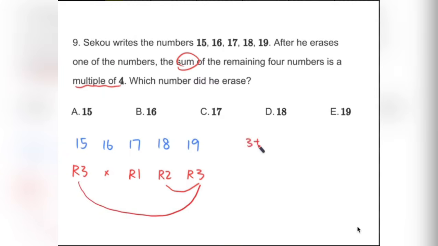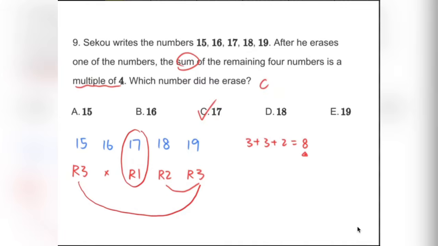We have 3 plus 3 plus 2, which is 8. Is it divisible by 4? Yes, right? 8 divided by 4 is 2. So which one will be the actual one? The answer should be 17.